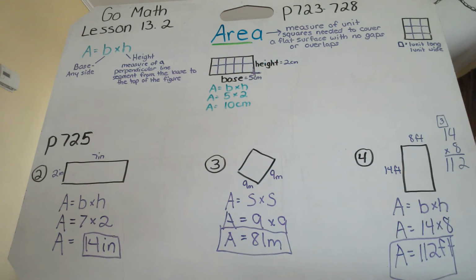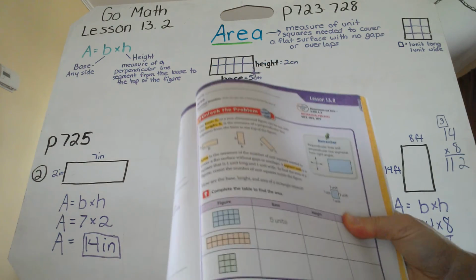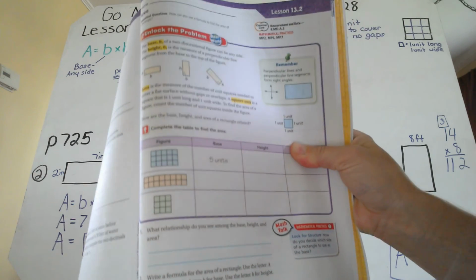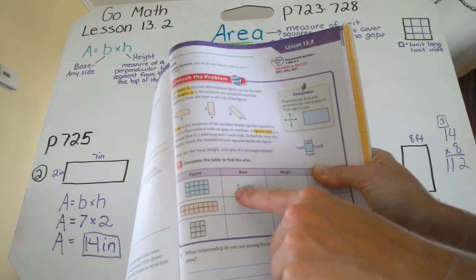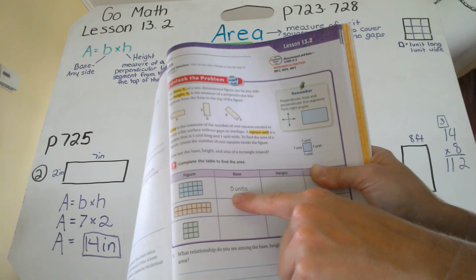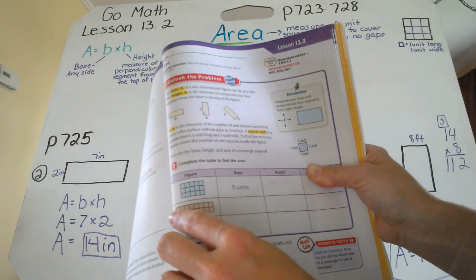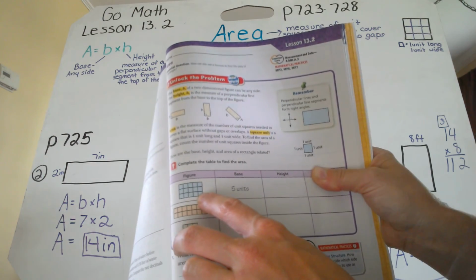Let's see, anything else? Let me show you this just in case you get a little bit confused. On page 723, you have a chart that looks like this, okay? All you are doing here is counting the squares. So this guy right here is telling you that your base is 5 units. We don't have a measure for it, okay? And all they did was count 1, 2, 3, 4, 5, okay?